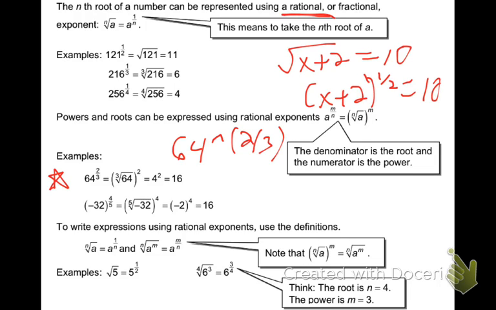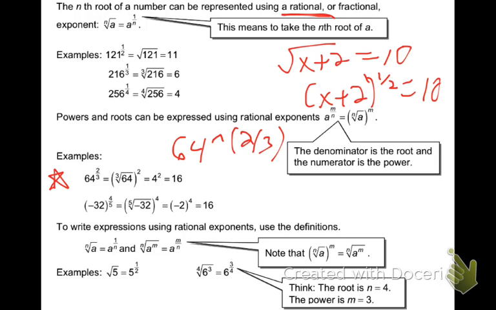Another way to look at this is you can break it down. The denominator part of this is my root. So if you look here, it's 64 to the 2/3. The 3 there is my root power. So it's like saying the cube root of 64, and then I would square it.